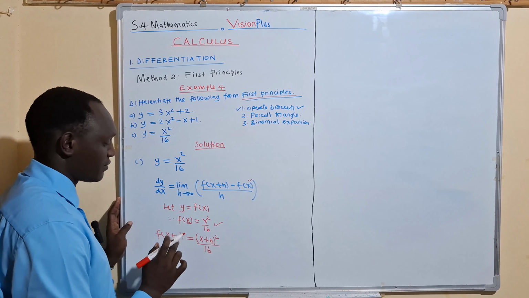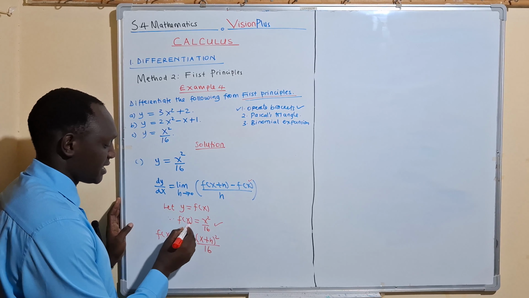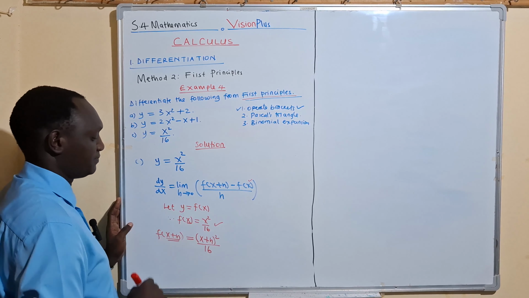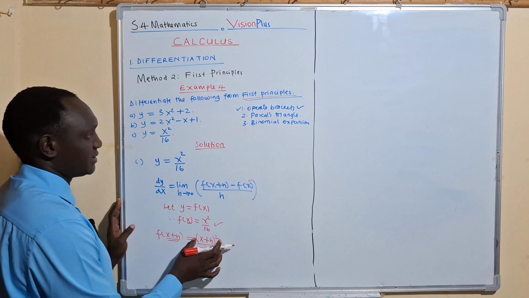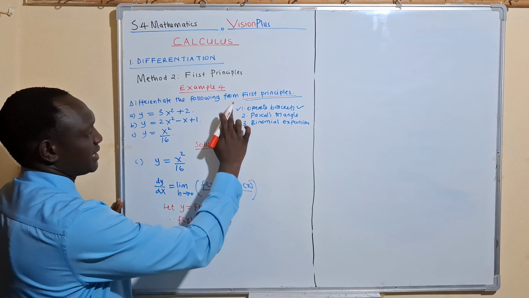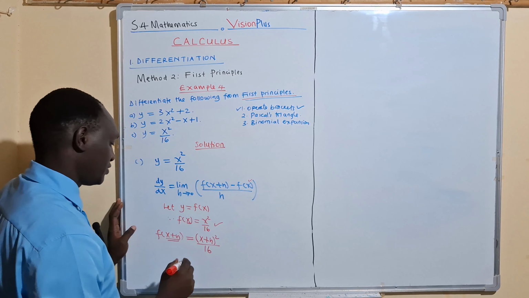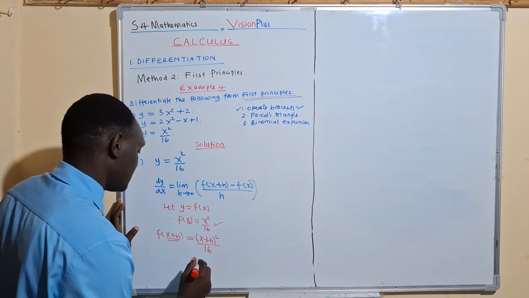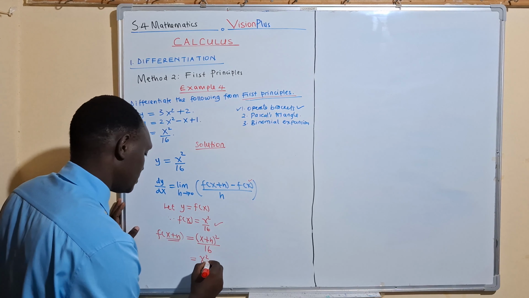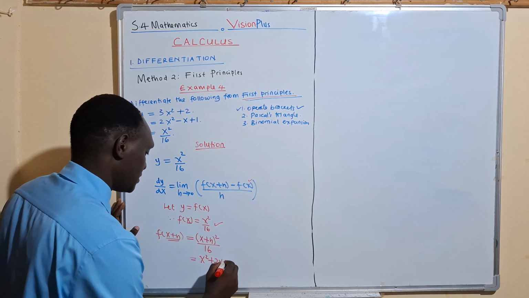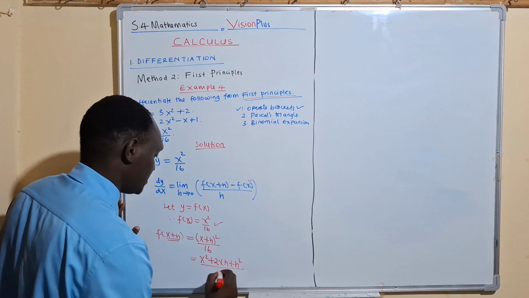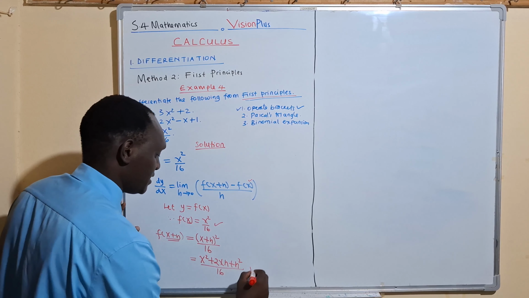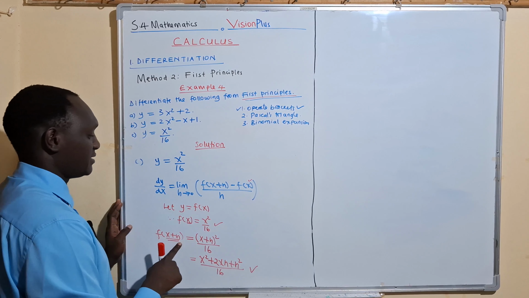What we substitute is only x as x plus h. Now we need to expand the bracket using one of these methods, but we are using expansion of brackets. This gives us x squared plus 2xh plus h squared, all over 16. This is f of x plus h.